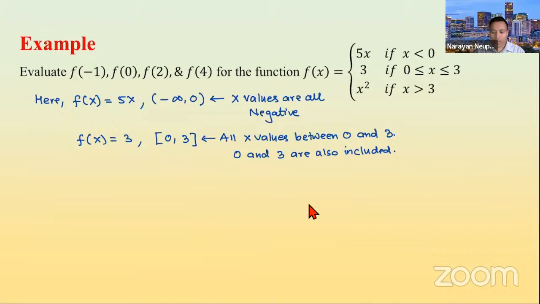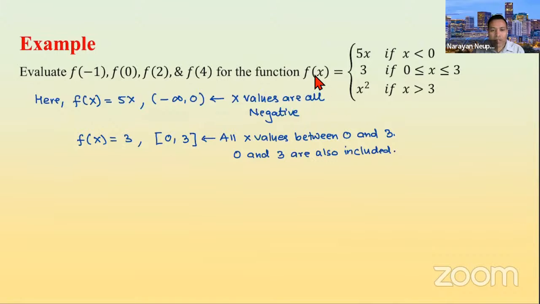At infinity, it is always a parenthesis, okay? And when we say in the first one that the x value is less than 0, we are talking about all values from 0 all the way down to negative infinity. That's why it is negative infinity up to 0.